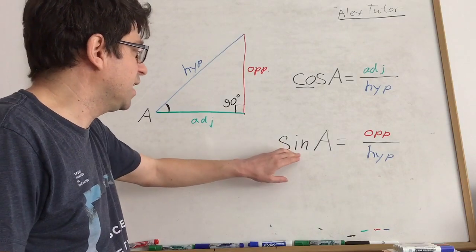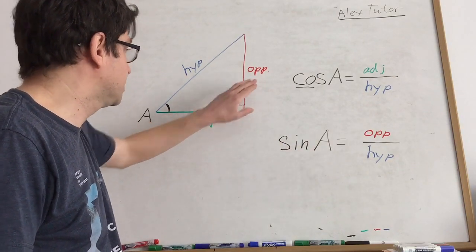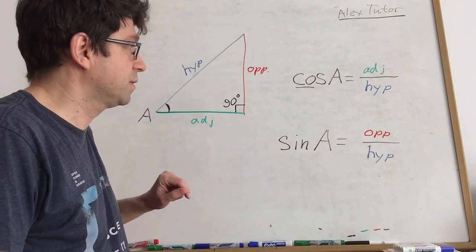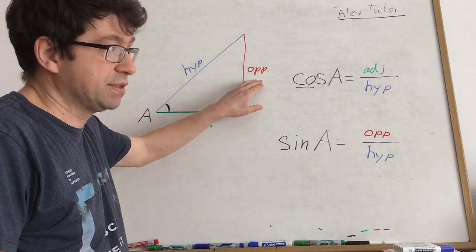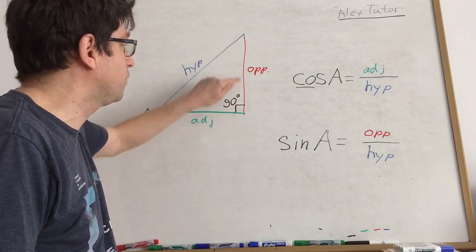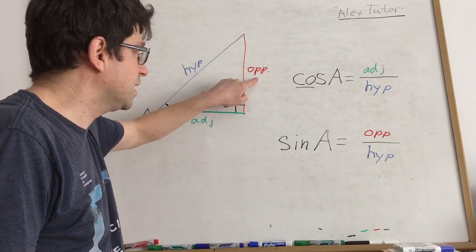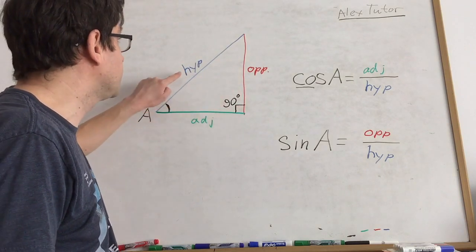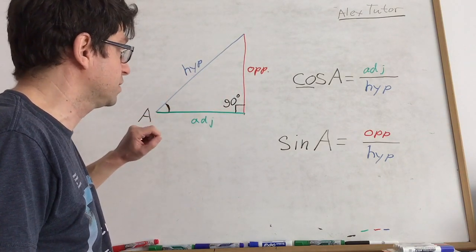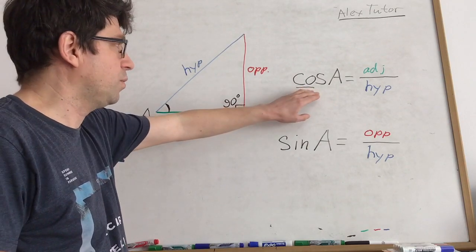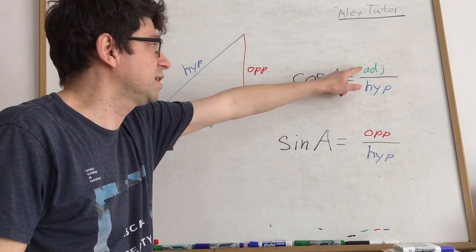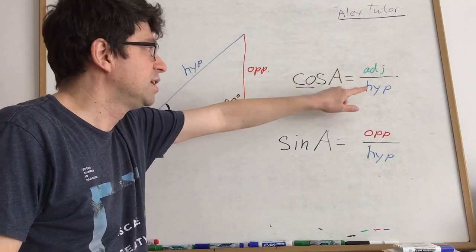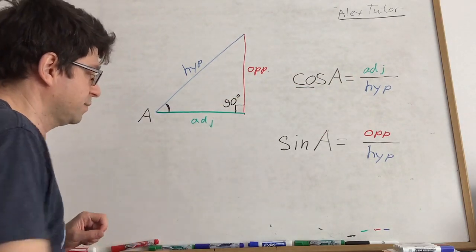Sine of an angle is opposite side divided by hypotenuse. And when I say opposite side, I mean the length of opposite side divided by the length of hypotenuse. The same as cosine. Cosine equals the length of adjacent side divided by hypotenuse.